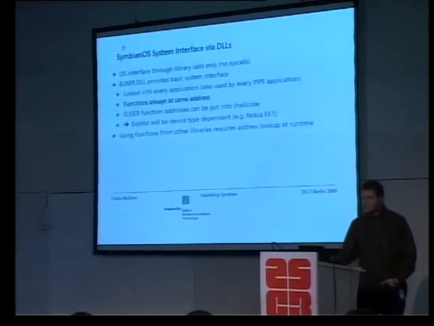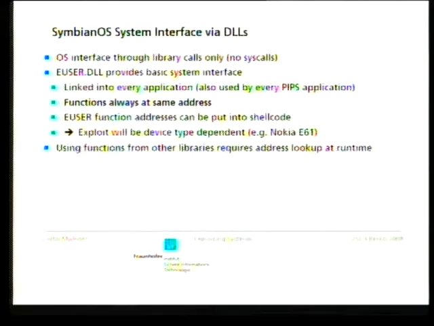If you're familiar with operating systems like Linux and Unix, normally most of the interface to the system is through system calls, which are very nice for exploitation because calling system calls doesn't require knowing anything about DLLs. You don't have to load DLLs and stuff.